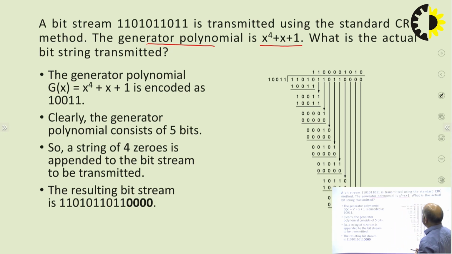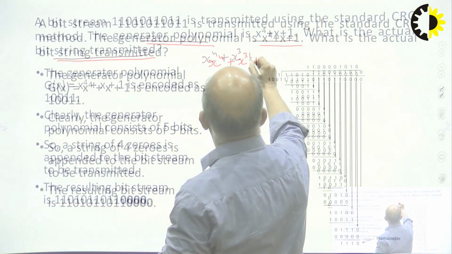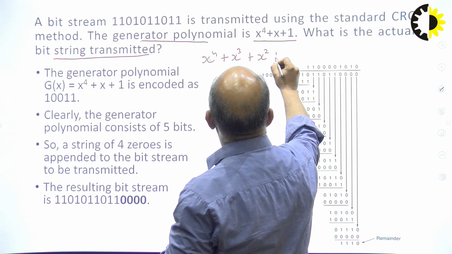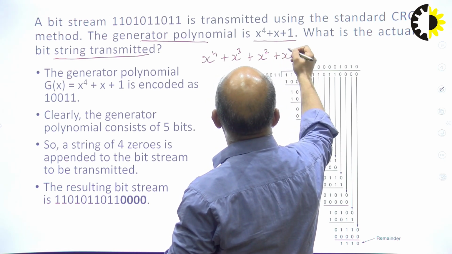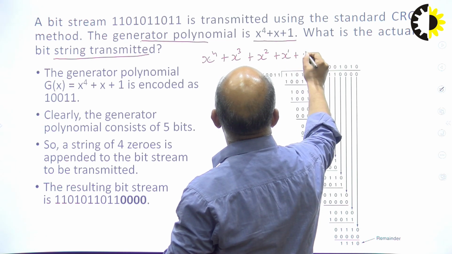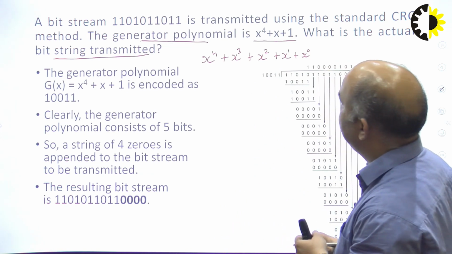So, what are the actual bits of the string being transmitted? We have a generator, x^4 + x^3 + x^2 + x + 1 and x to the power 0. This we need to use.